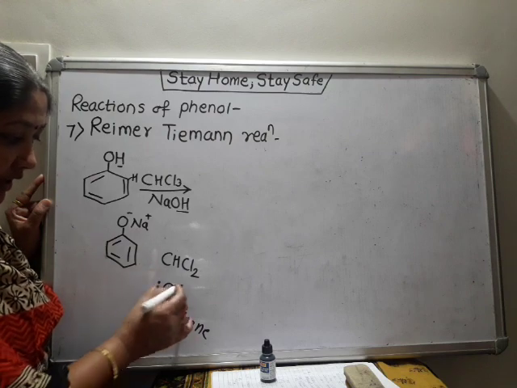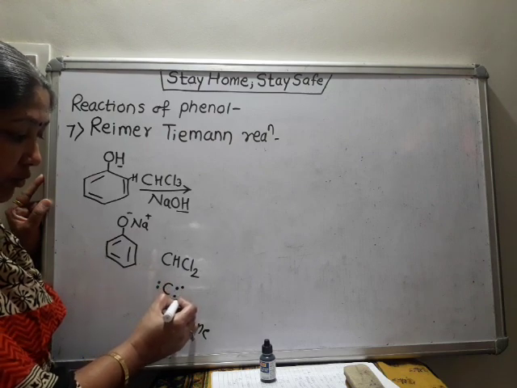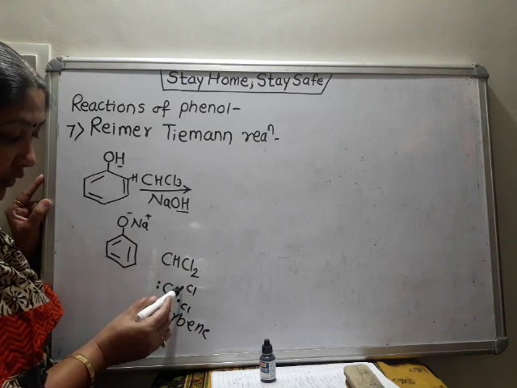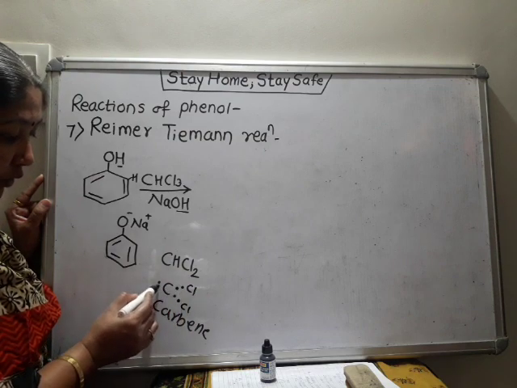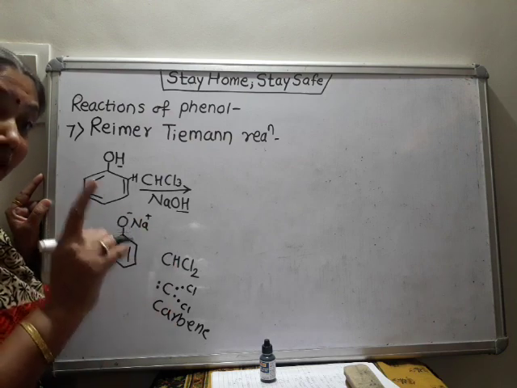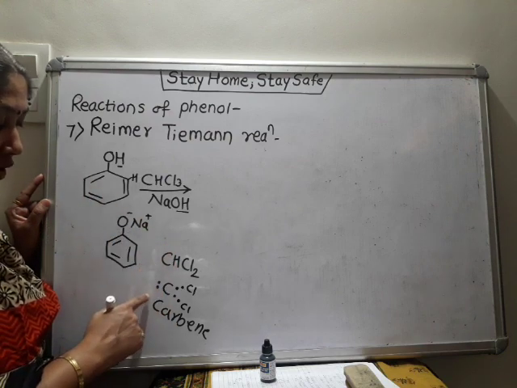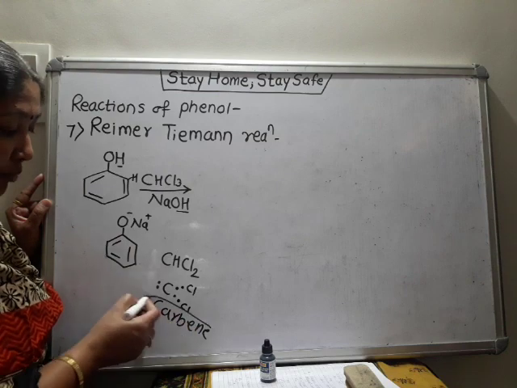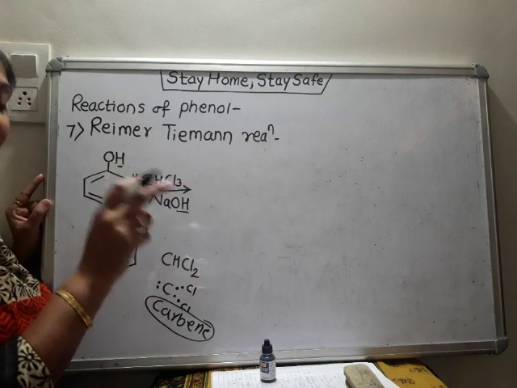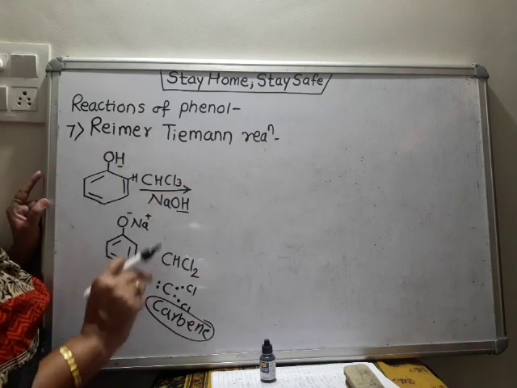So 4 electrons are there in its last shell, and here it forms bonds with these 2 chlorines. So now how many electrons are there in the last shell of carbon? 1, 2, 3, 4, 5, 6. 6 electrons are there, which means it is electron deficient. So carbene is an electron deficient substance. Carbene is used as an electrophile in the Reimer-Tiemann reaction. This is one MCQ. Remember this.